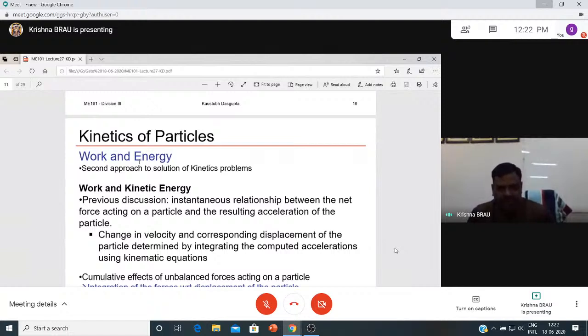Newton's second law and D'Alembert's principle are both force equations. But momentum impulse and work energy is not a force equation. Depending upon the data given in the problem, we decide which principle has to be applied.